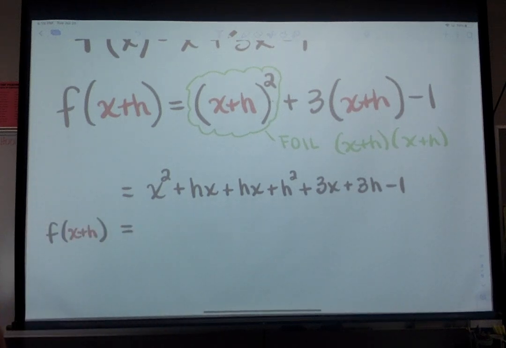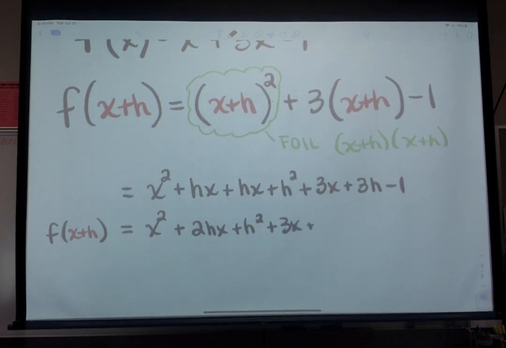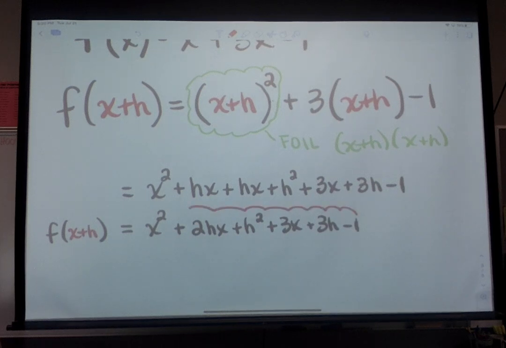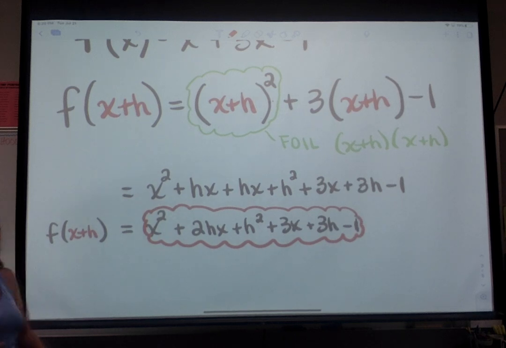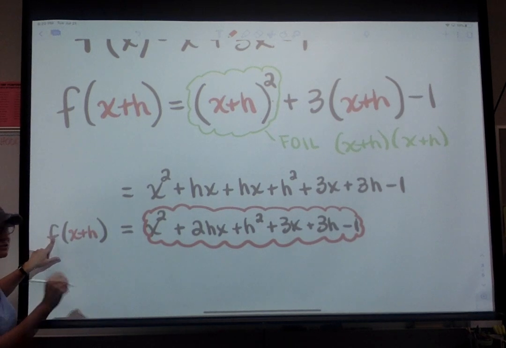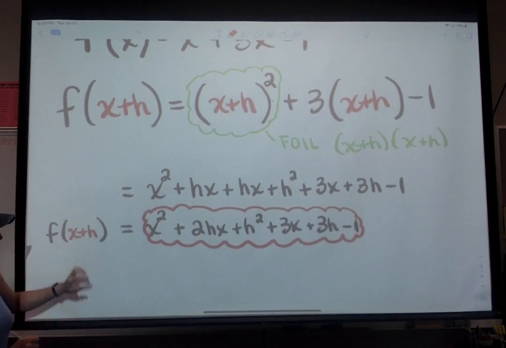So I've got x squared. I've got 2 of these hx's. I've got an h squared. I've got a 3x. I've got a 3h. And I've got a minus 1. All that is what f looks like when I plug in x plus h.